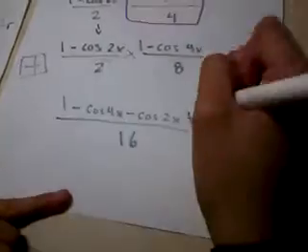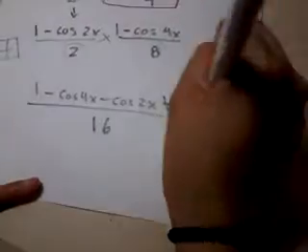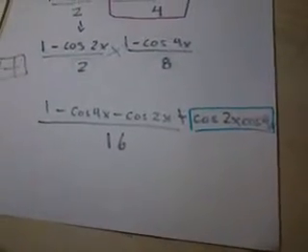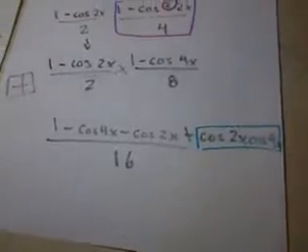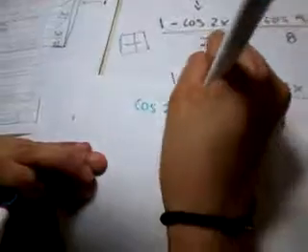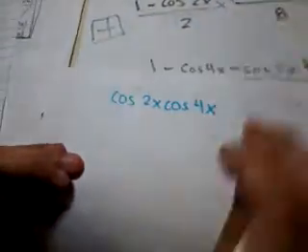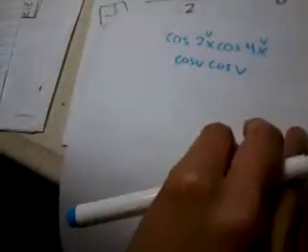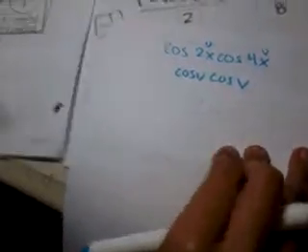We see here we have cosine of 2x times cosine of 4x. If we substitute this for u and v, it's cosine of u times cosine of v, and we have a product to sum formula. So we're going to be using this formula.